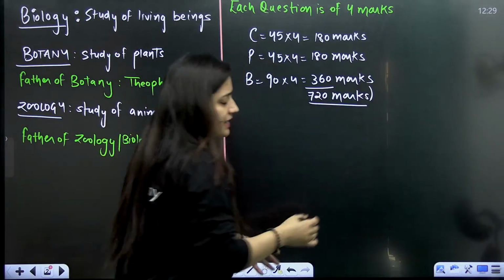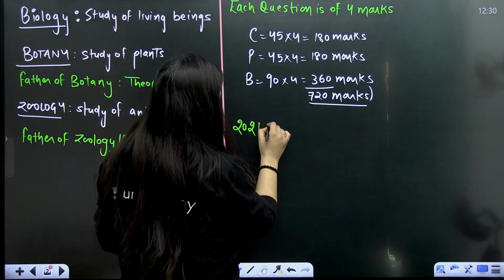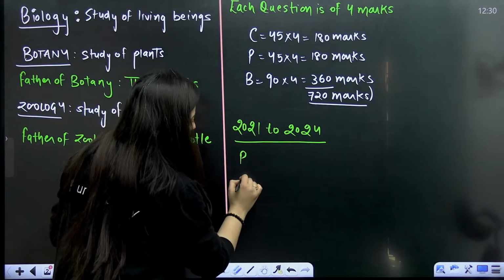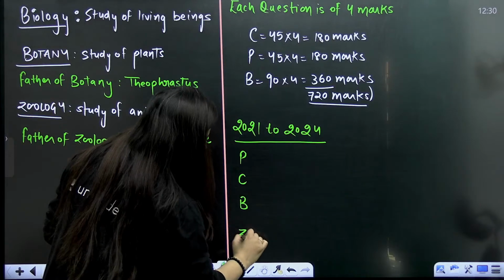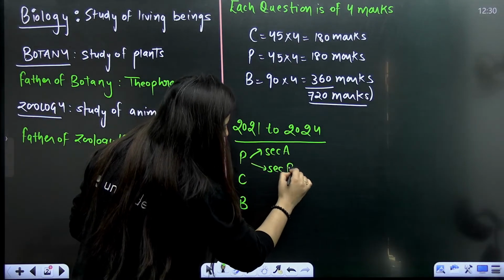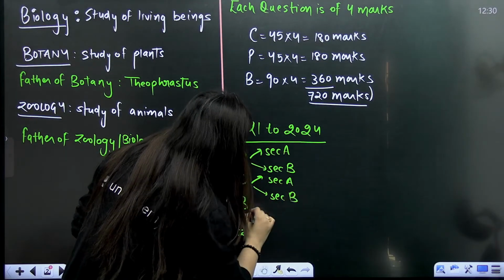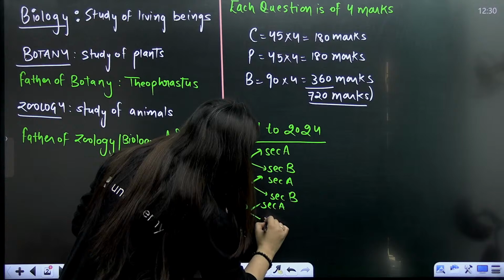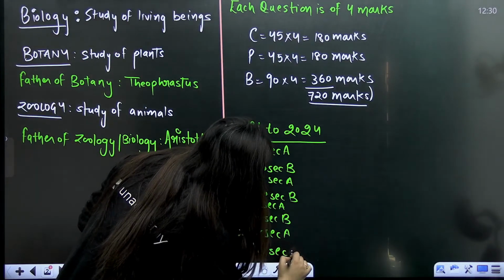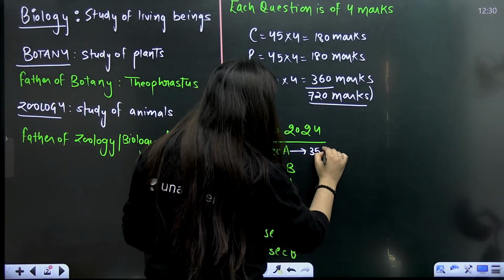From 2021 to 2024, NTA changed the paper pattern. In physics, chemistry, botany and zoology, they divided the paper into Section A and Section B. In Section A, 35 questions were there.